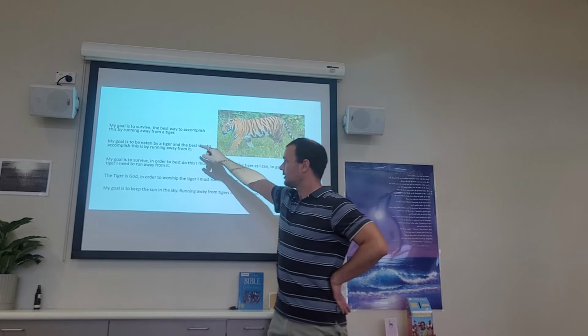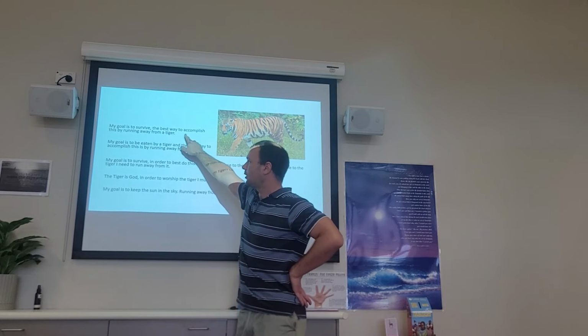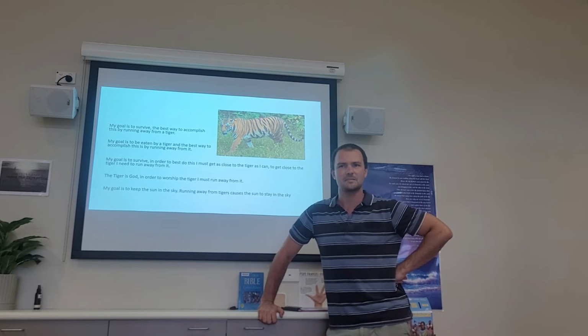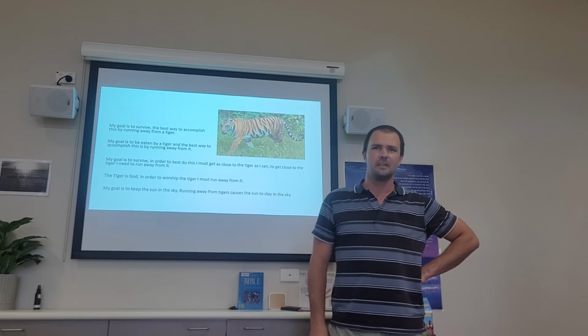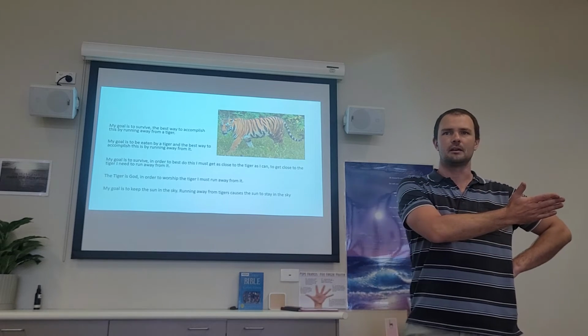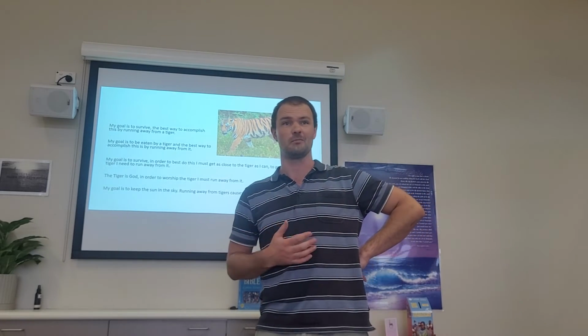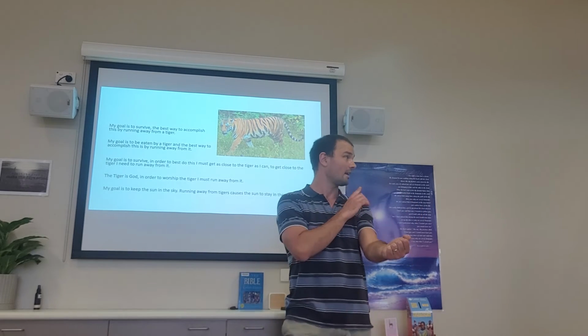Let's read through these ones. If my goal is to survive, the best way to accomplish this is for me to run away from a tiger when I see one. That's our default sensation. I don't want to get eaten by a tiger. The best way for me to not get eaten is to run away.